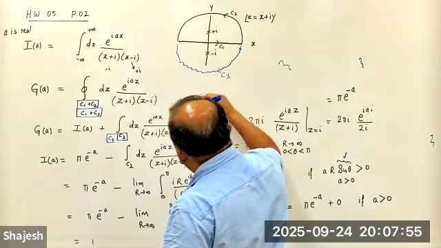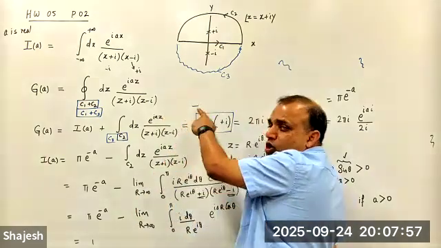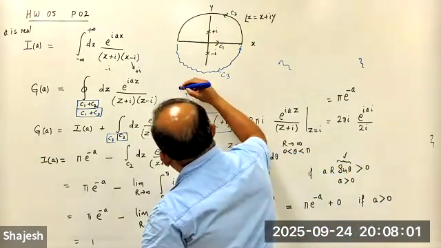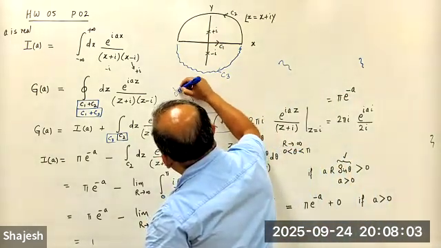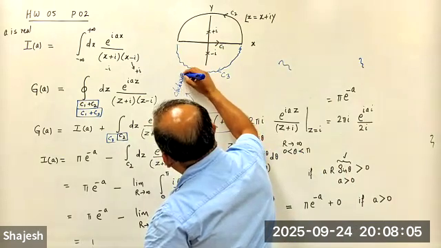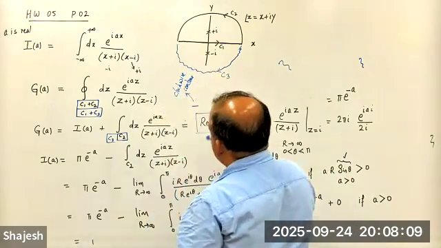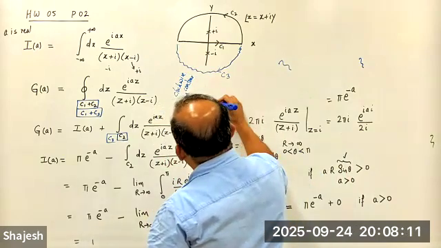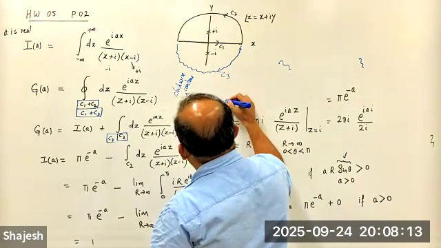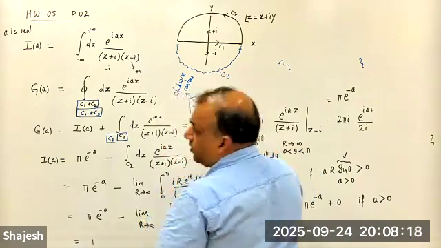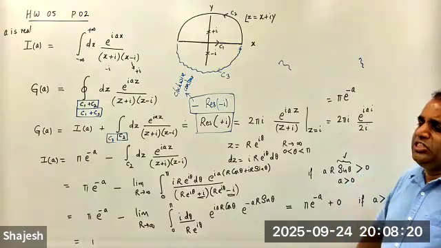First of all, I need a minus sign because the contour is in the opposite direction, a clockwise contour. And what is the residue? Residue is from minus i. Is that clear what I changed?